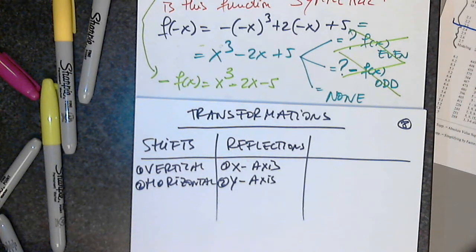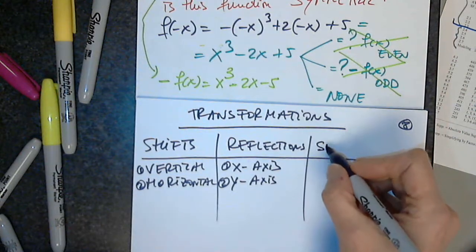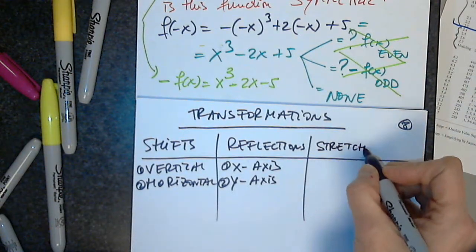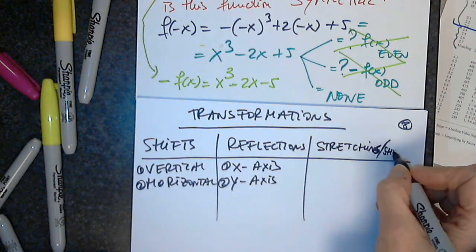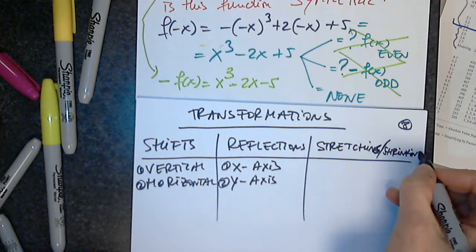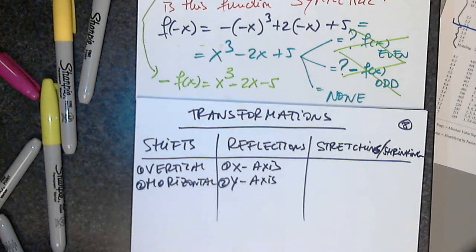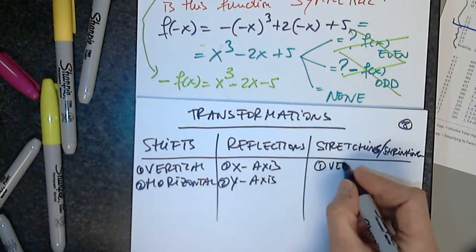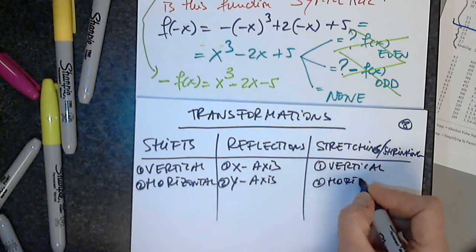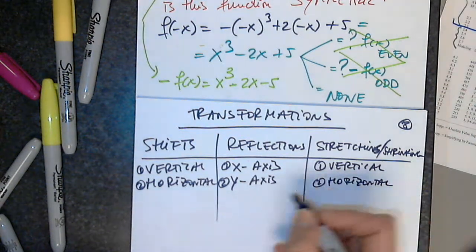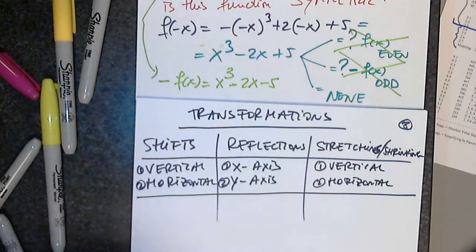And the last one is a combination of stretching and shrinking. I can't find a name for both, so I'll say stretching or shrinking. Stretching, shrinking. Type 1, vertical. Type 2, horizontal. That's all.